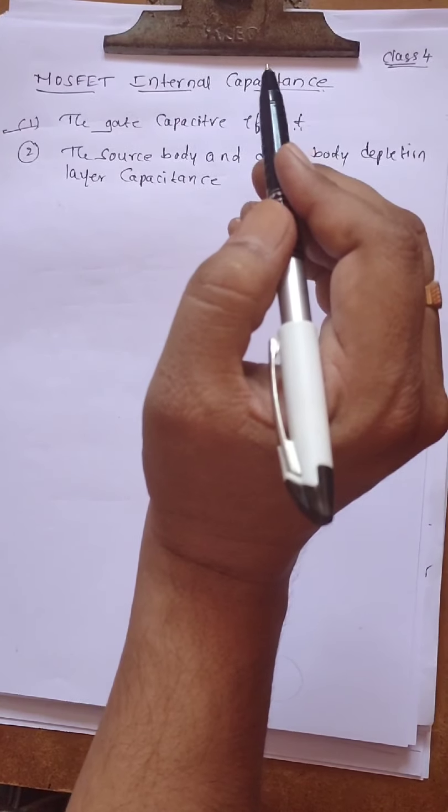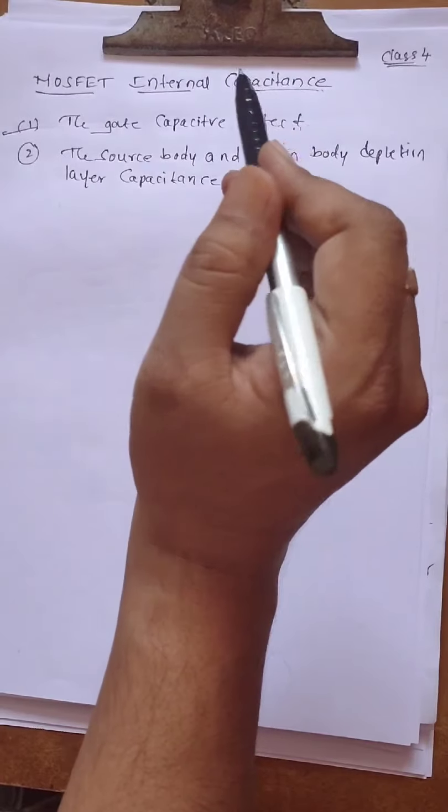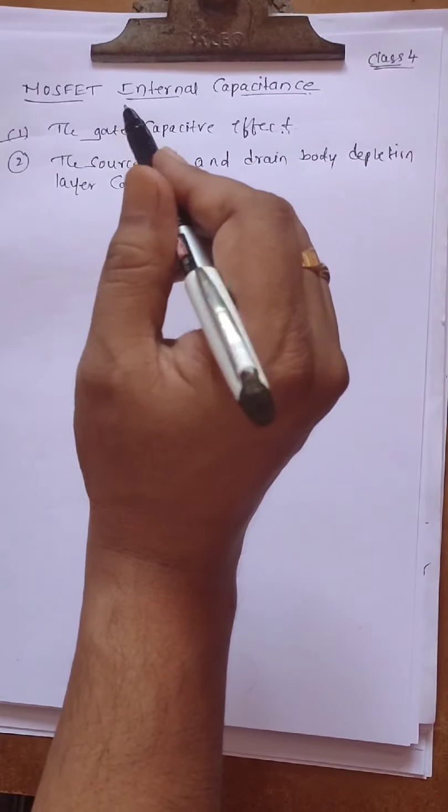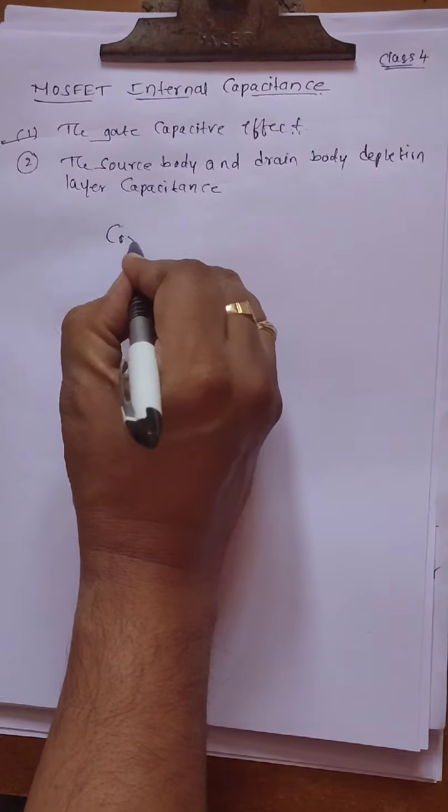And hence the capacitance value is usually denoted per unit area as COX.